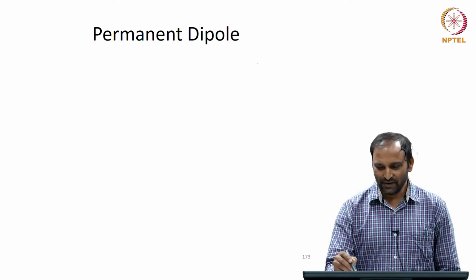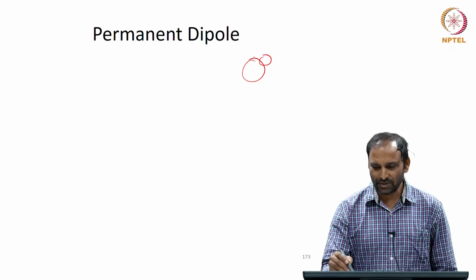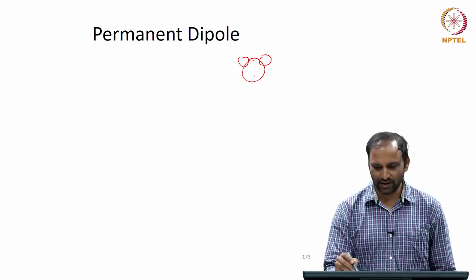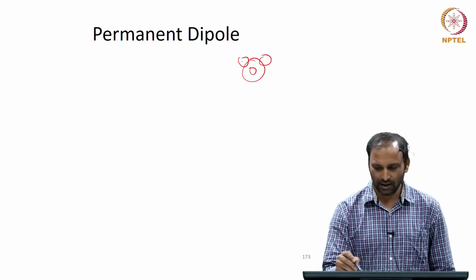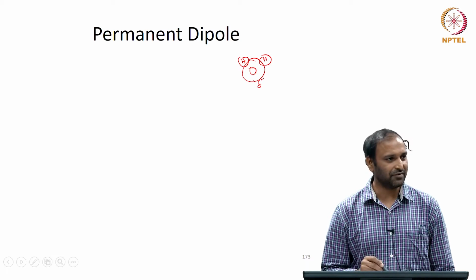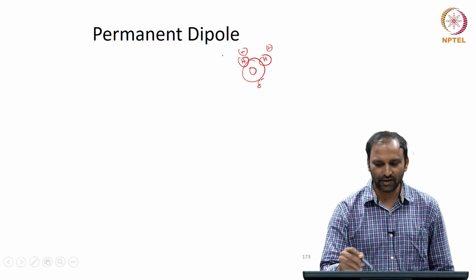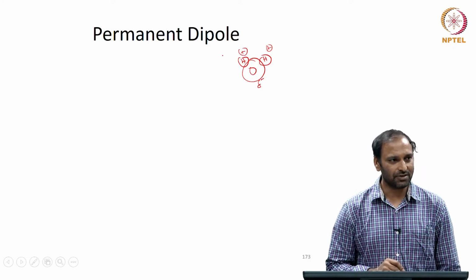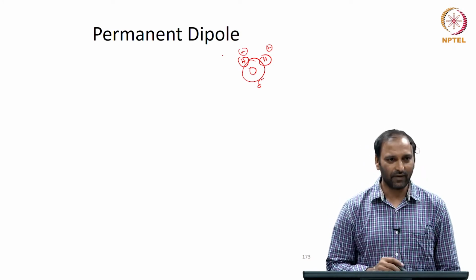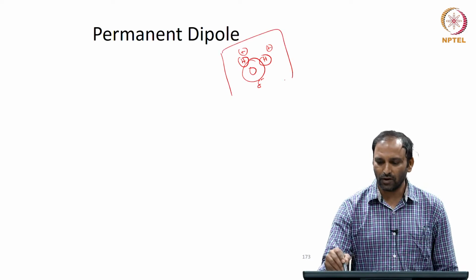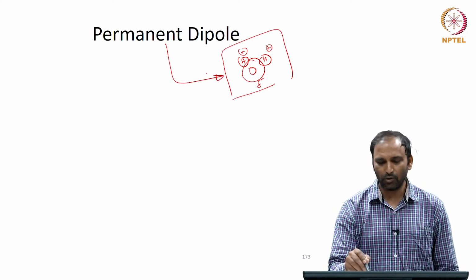Whenever you have seen water molecules, people represent it something like this: that is your oxygen and that is your hydrogen. People typically say the oxygen end will have some negative charge and the hydrogen end will have some positive charge.